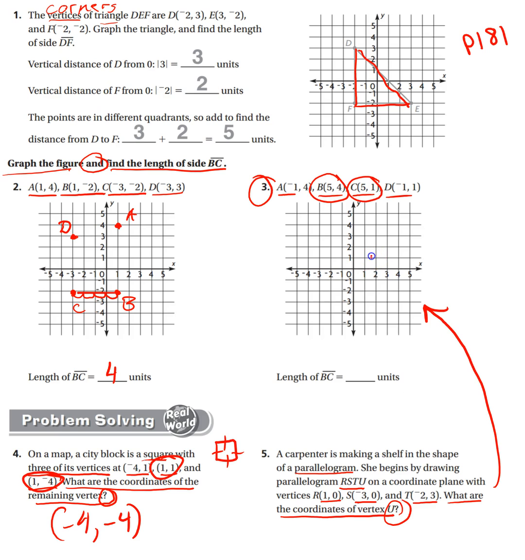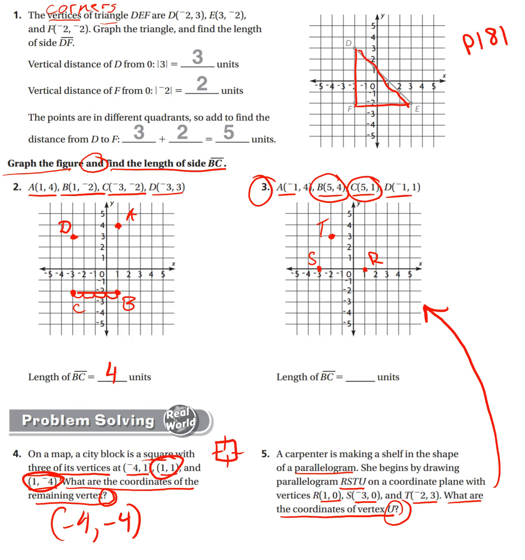Okay, and that's point R. Next one is S, and I go -3 first, so back 3 to the left 3, and 0, so I don't go up or down, it's just right there. That's my S. To get to T, I go -2, 1, 2, and then +3. Okay. And that was point T.